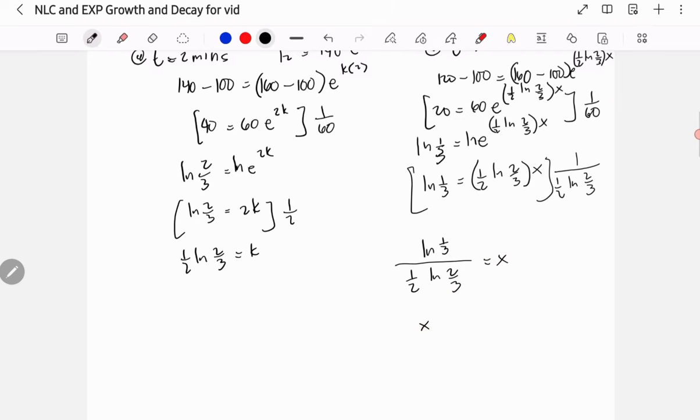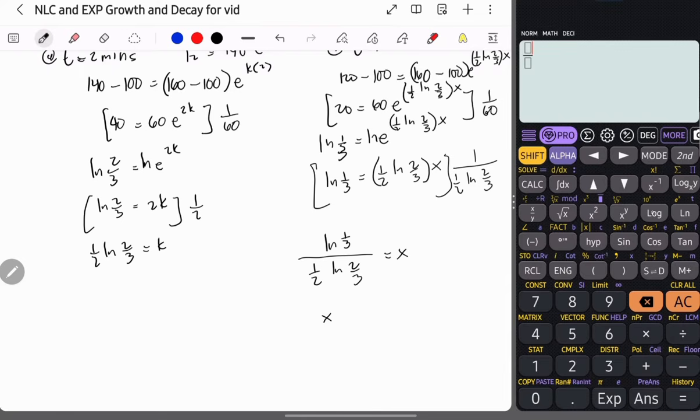So, using our calculator, ln 1/3 over 1/2 ln 2/3. The result is 5.419 minutes. So this is the result.